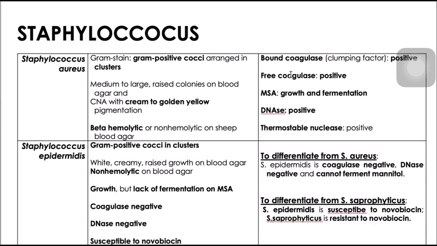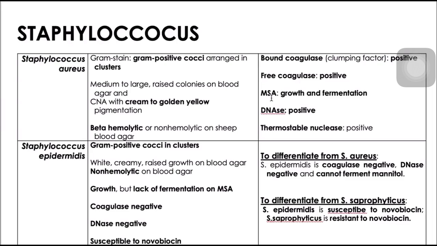Okay, quick review po tayo ng mannitol salt agar. The mannitol salt agar contains phenol red indicator. Yung ating pong phenol red na indicator, it will change to yellow kapag there is an acid formation, while it will turn into red kapag alkali, while kapag neutral, ibig sabihin wala nangyaring reaction, it remains as color pink or colorless.